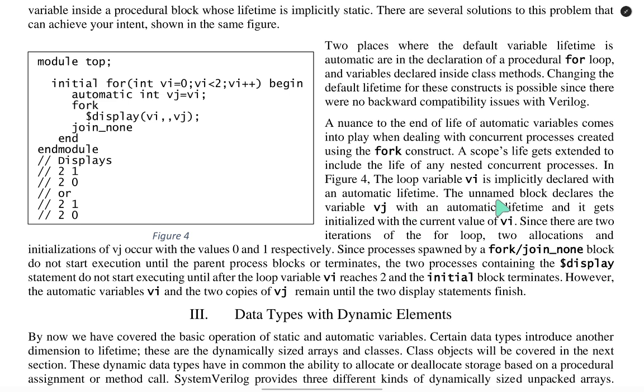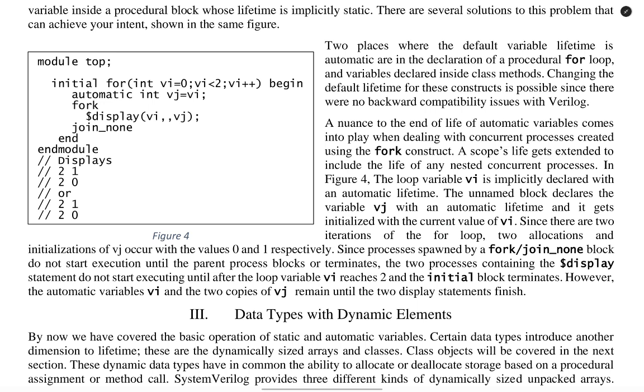The unnamed block declares the variable vj with an automatic lifetime, and it gets initialized with the current value of vi. Since there are 2 iterations of the for loop, 2 allocations and initializations of vj occur with the values 0 and 1 respectively.